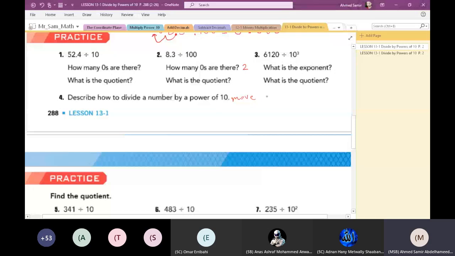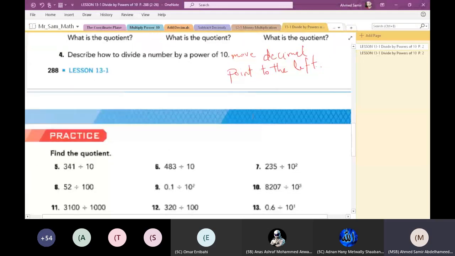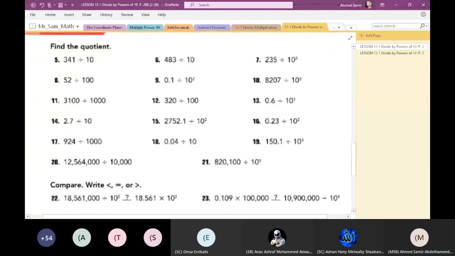Okay. Move the decimal point to the left. All right? Okay, so this is the answer for number 4. I gave it to you. And we're moving on to number 6, coming from someone from 5A.